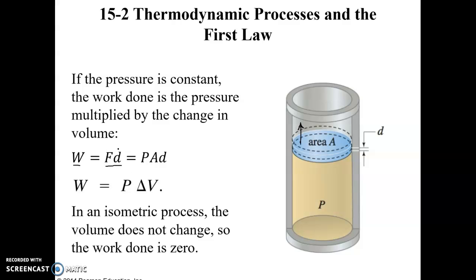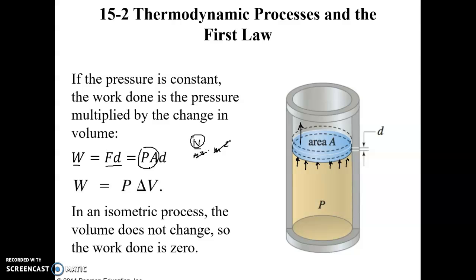Okay, and if we think of force as being pressure times area, so we have this pressure acting on this piston, and if we multiply that pressure in newtons per meter squared times the area of the piston, which is in meters squared, that's going to cancel out and give us a force.